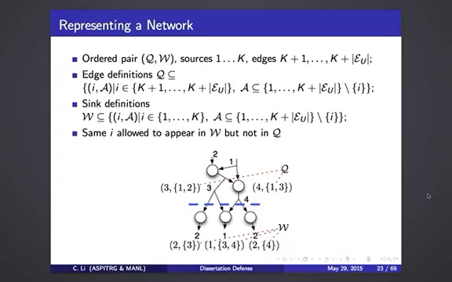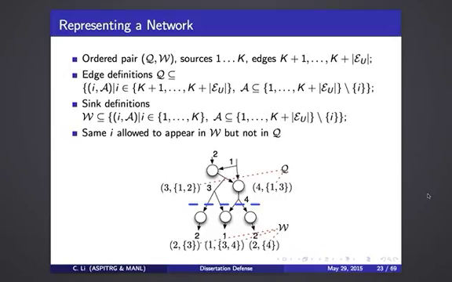As shown in this example, edge 3 is a function of 1, 2. So we have a (3, {1, 2}) here. Similarly, 4 is a function of 1, 3. So we have a (4, {1, 3}) here. Then W encodes the sink demands. It says which source can be decoded by which edge.